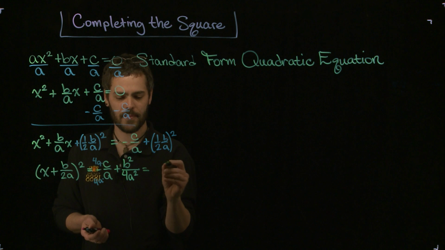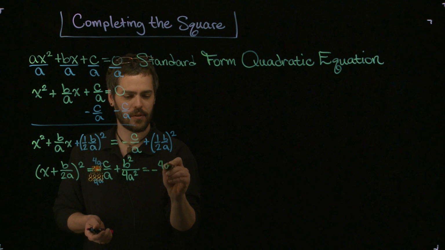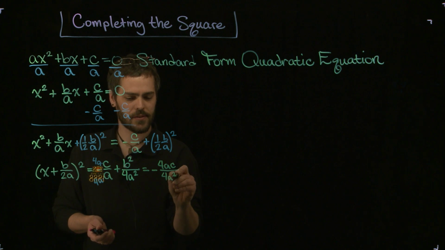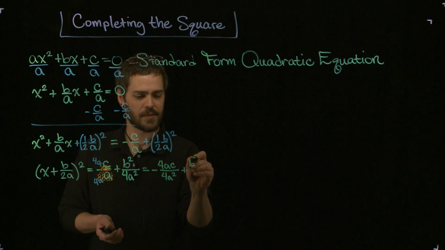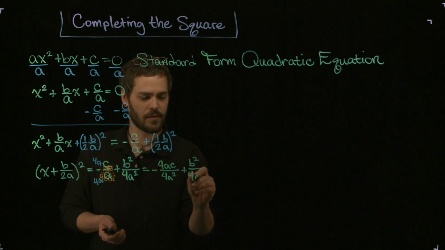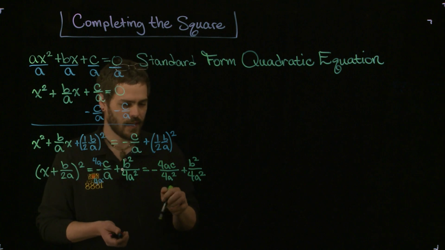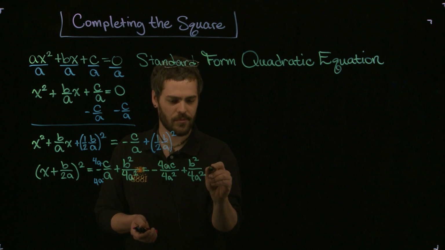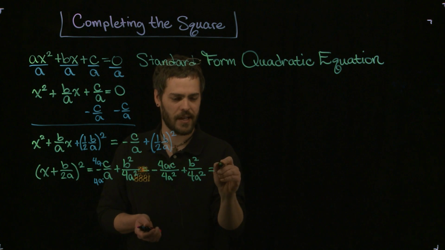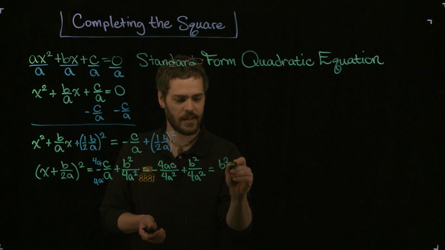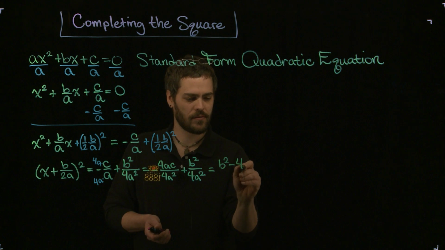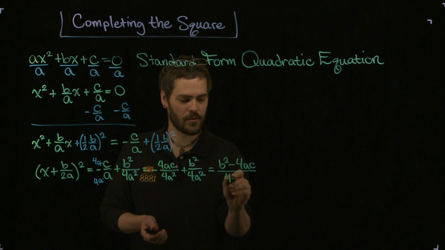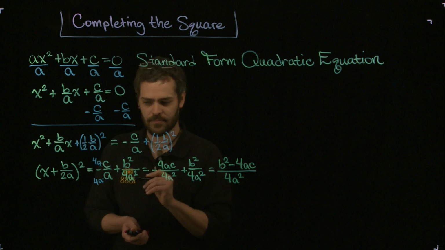So this gives me negative 4ac over 4a squared plus b squared over 4a squared. I can apply this negative to the numerator, and I'm actually going to reorder it also in adding these fractions. I'm going to put the b squared first, and then the negative, or minus, 4ac, all goes on the top. And all of that is over 4a squared.